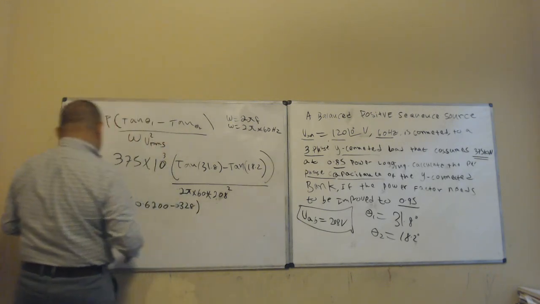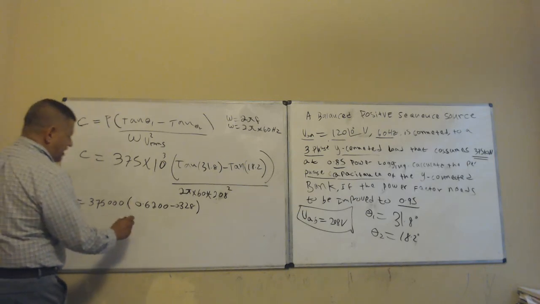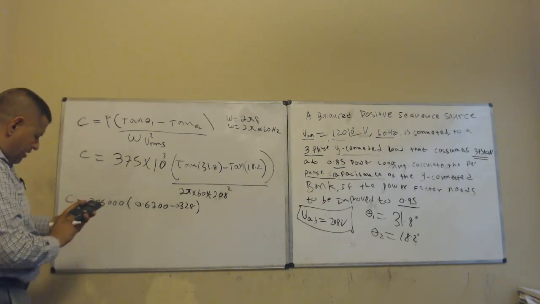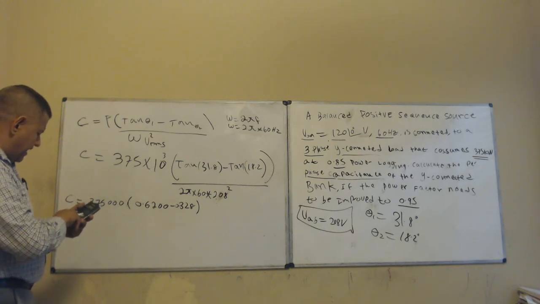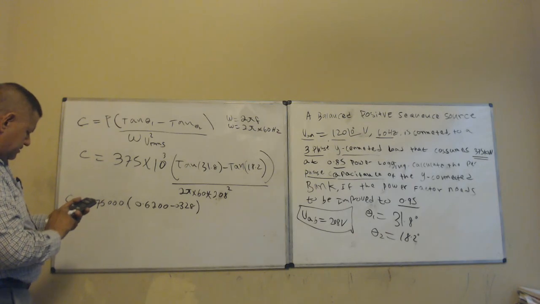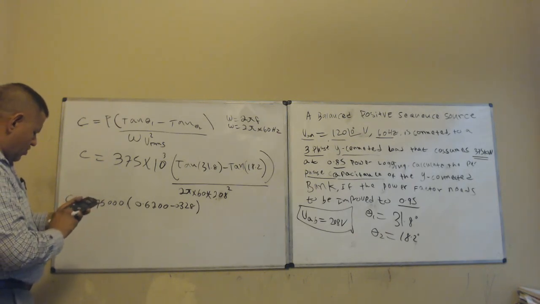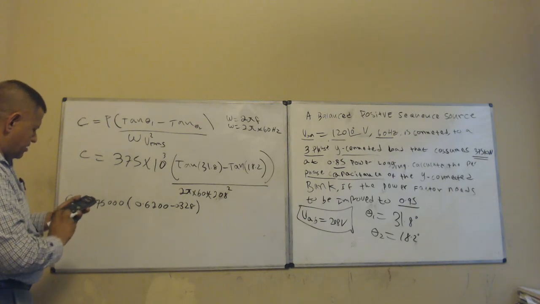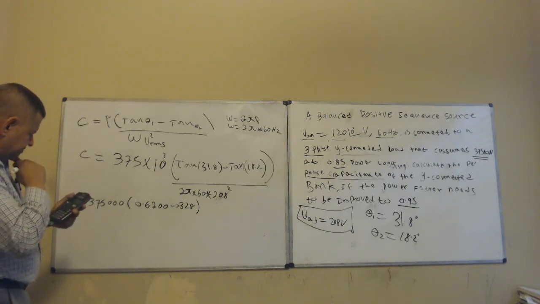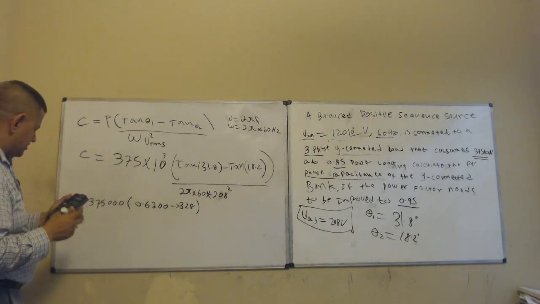Now, analyzing this, what is going on here? So now we do the mathematics for that one, and that is 2 pi times 60 times 208 squared, and that is a big number.